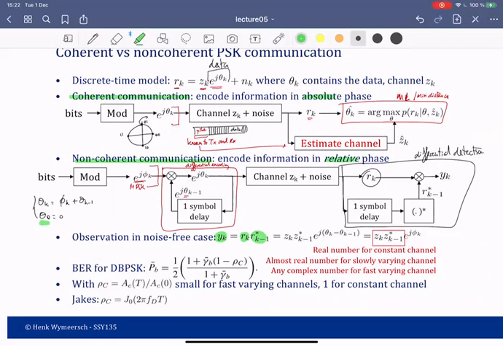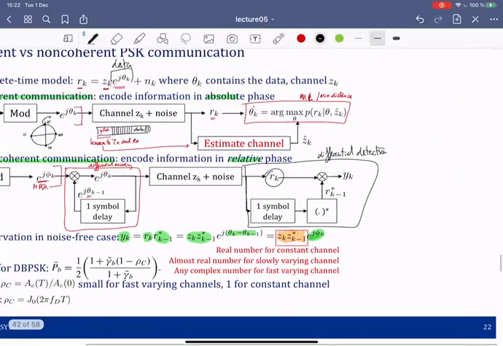We plug in the channel, so this is the part of the channel for the two. Then you have this phase difference, and now we can make use of this relation, and we obtain the desired phase again, multiplied by a complex number. Okay, and this is really what can cause trouble. Now, this number here, there are several cases. If the channel is constant, then z k is equal to z k minus 1.